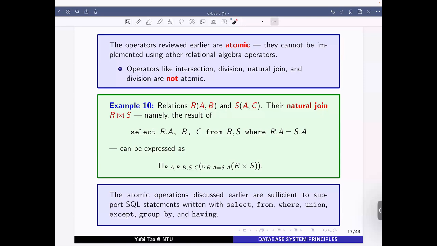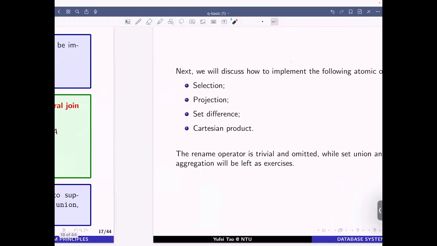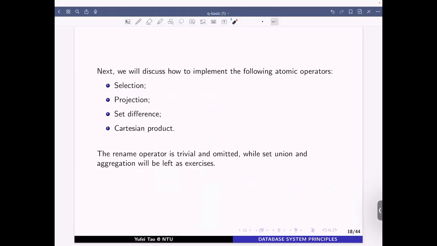Maybe not the most efficient way, but at least you will have one way to compute the result correctly. Nice, good. So now we're entering the next part of the lecture.